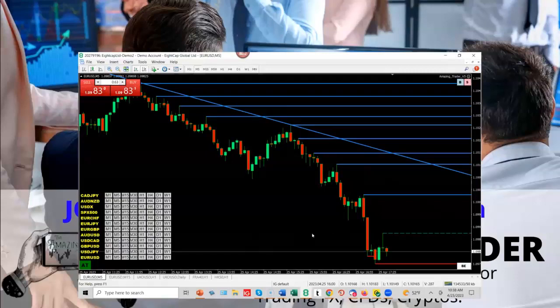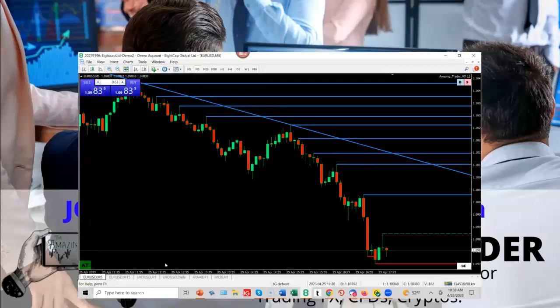Here's your euro dollar 5-minute chart, okay? And I hate to be picking a bottom here, but I can't sell down here right now.